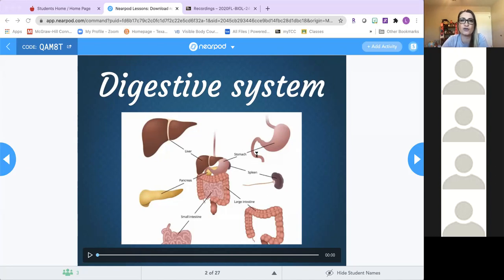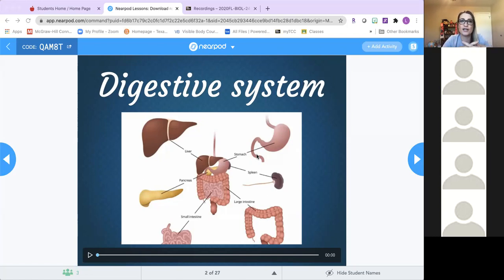The digestion of food is a breakdown of food. So we are breaking it down into smaller pieces. We can distinguish between chemical and mechanical digestion. The chemical digestion is going to involve action of enzymes and the actual breaking down of molecules into smaller molecules.